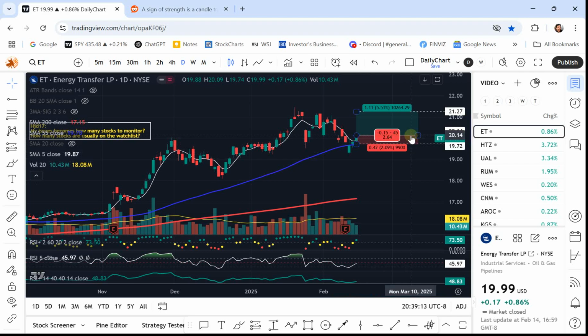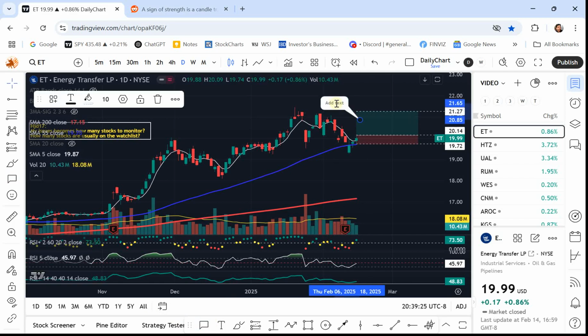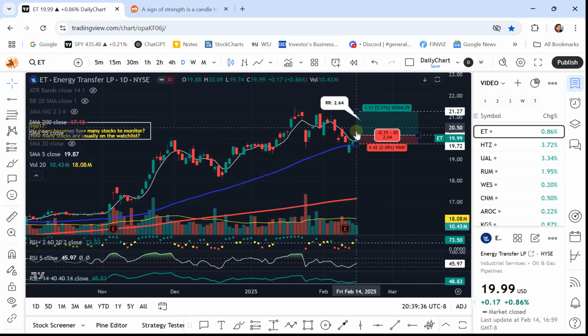We're risking 5, reward is 5.5. So it's a 2.64 risk to reward. Then I just add this little bubble here and put the risk to reward, if I remember right, 2.64. Let me verify that. Yep. So now I know this particular stock has a risk to reward of 2.64.